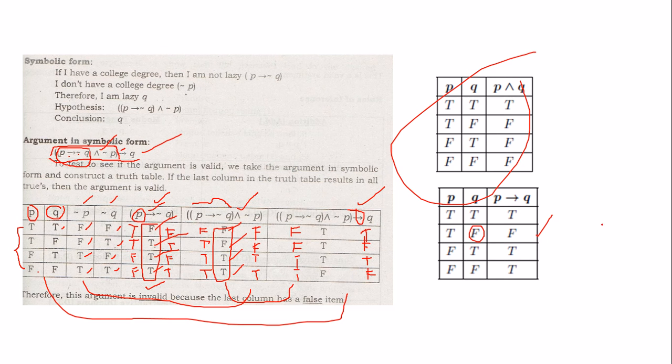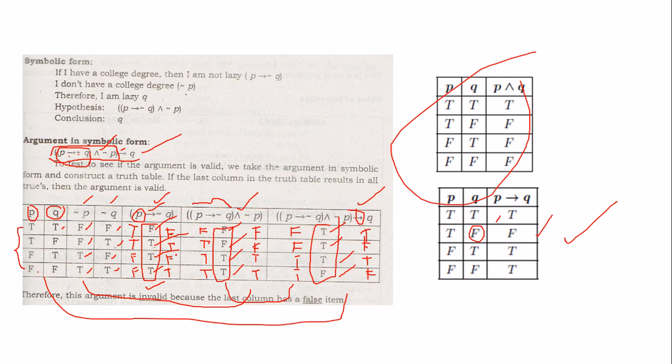For the conditional, false, true is true. False, false is true. True, true is true. Then true, false is false. So that is why we have our final truth values in the last column.